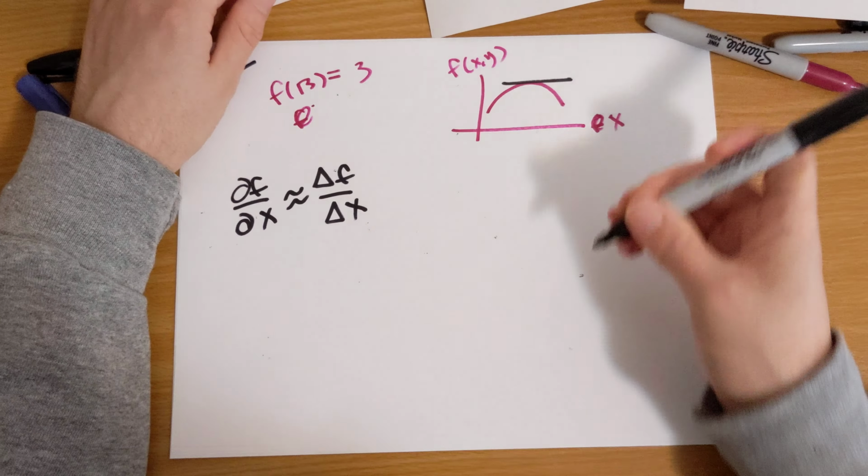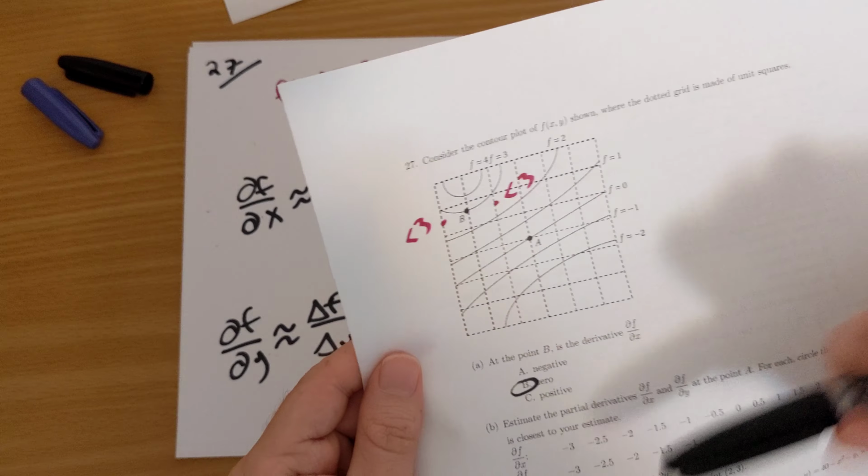I should be clear. I'm figuring out partial f partial x. I'm setting y to be constant, and I'm going to be changing x.